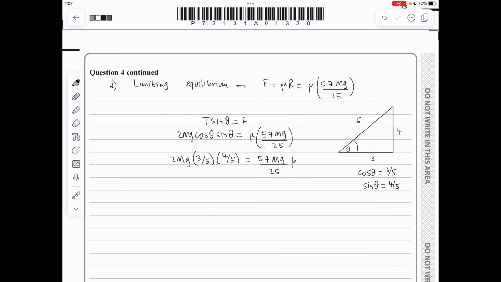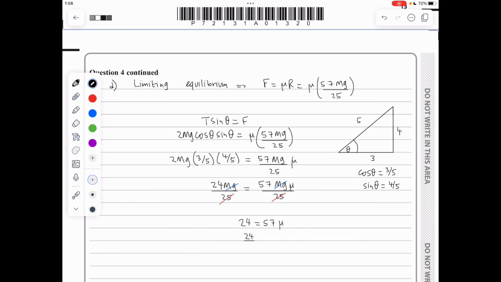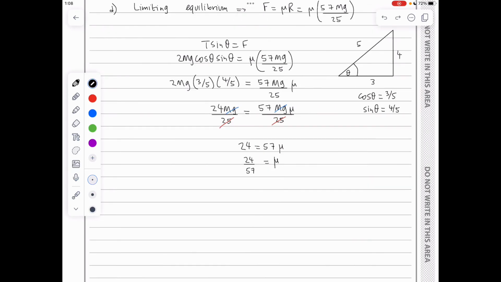Now 2 times 3 times 4 is 24, so we've got 24mg over 25 is 57mg mu over 25. The 25s cancel out, the mg's will also cancel out. We are left with 24 is 57 mu, so 24 over 57 is the value of mu, and this simplifies to 8 over 19, as required.